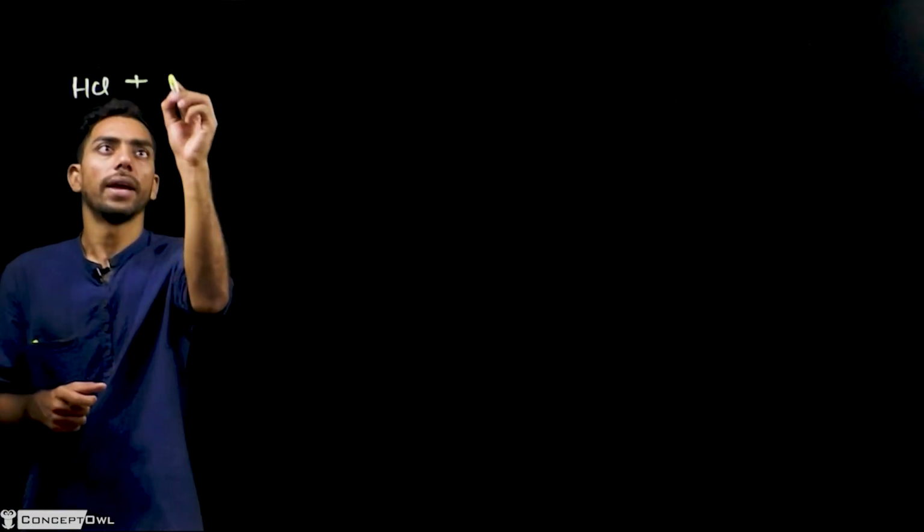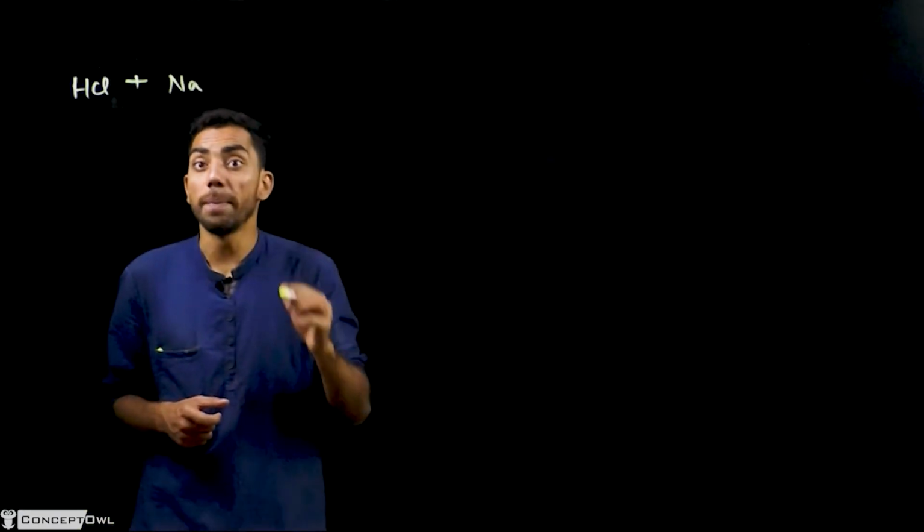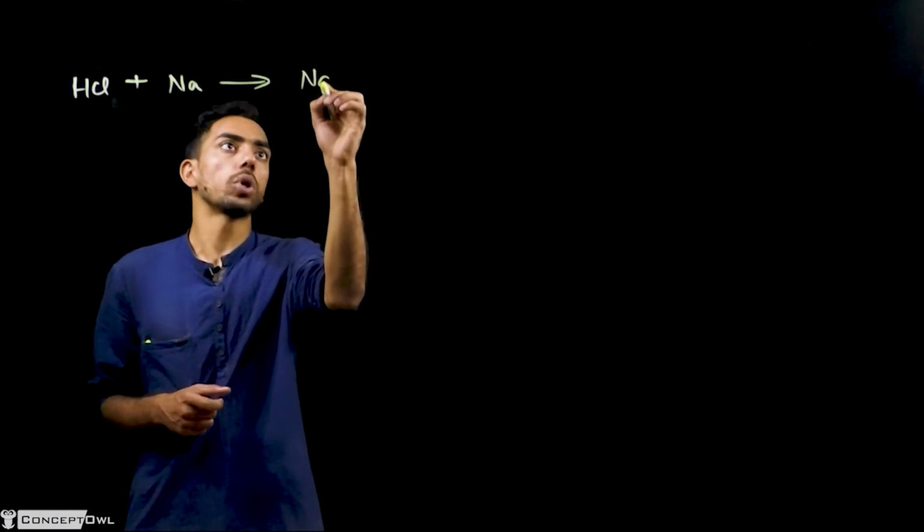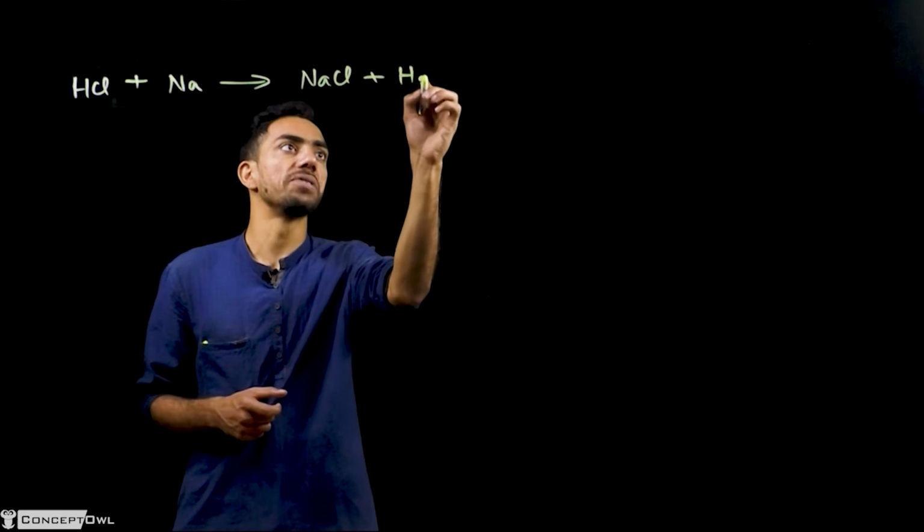As I told you before, acids react with metal to produce hydrogen gas. We will use the same reaction to produce hydrogen gas. Is this clear? So, if I have an acid, it reacts with metal, forming salt and hydrogen gas.